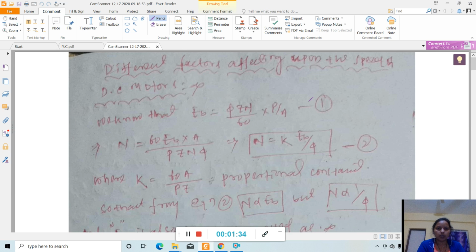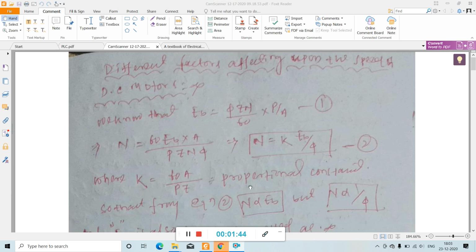See this equation, EB is the back EMF. This equation is EB = phi Z N by 60 into P by A. We know that the back EMF, the generated EMF in case of DC motor, is P phi N Z by 60A, where phi is the flux per pole, P is the number of poles, A is the number of parallel paths in the armature, Z is the number of conductors, and N is the revolution per minute.